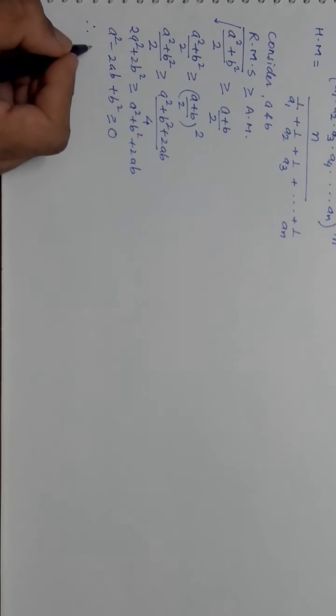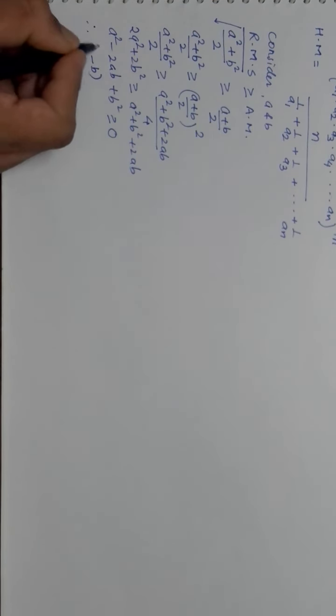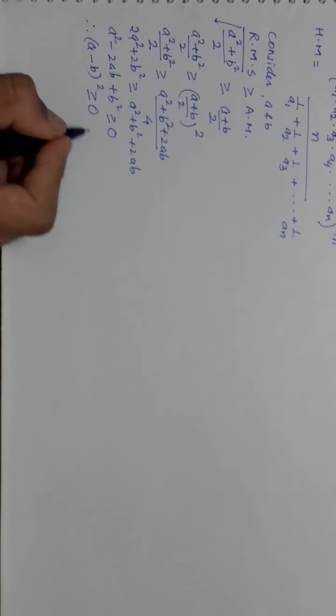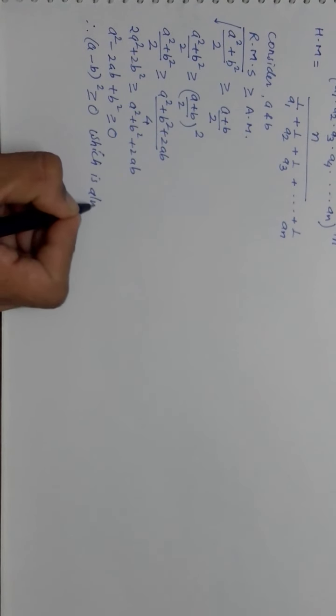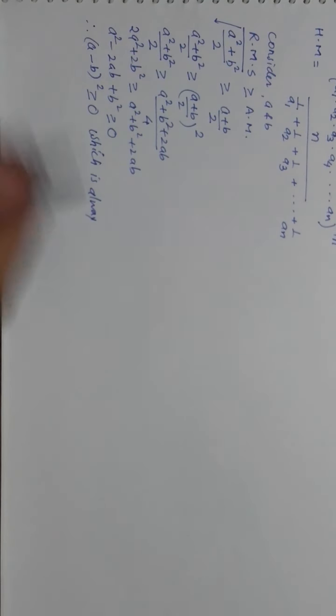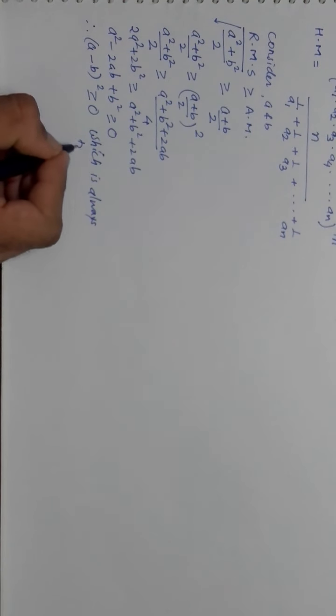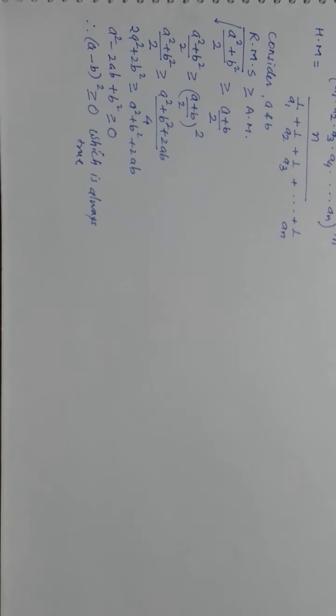So we come to the conclusion that A minus B the whole square is always greater than equal to 0, which is universally true, which is always true for all the numbers, right? For all the real numbers, but already it is so called as positive numbers. So positive real numbers, so this particular condition holds true. That means root mean square is always greater than equal to arithmetic mean. Equal it will be when A and B are equal.